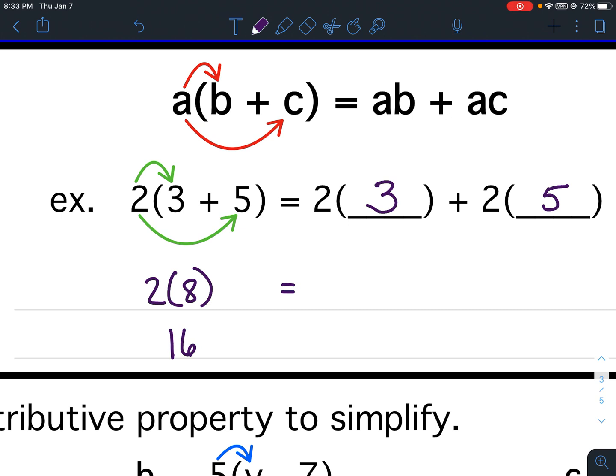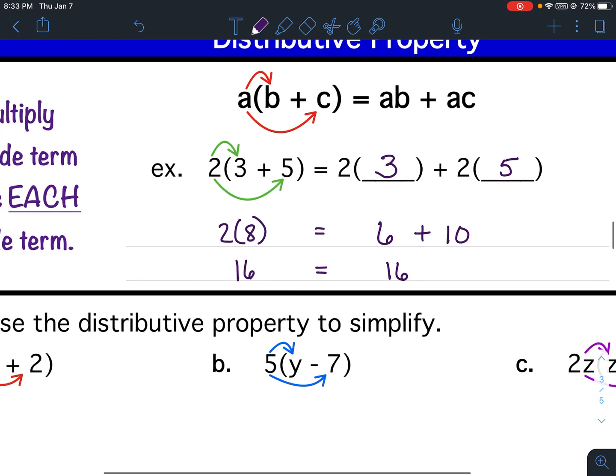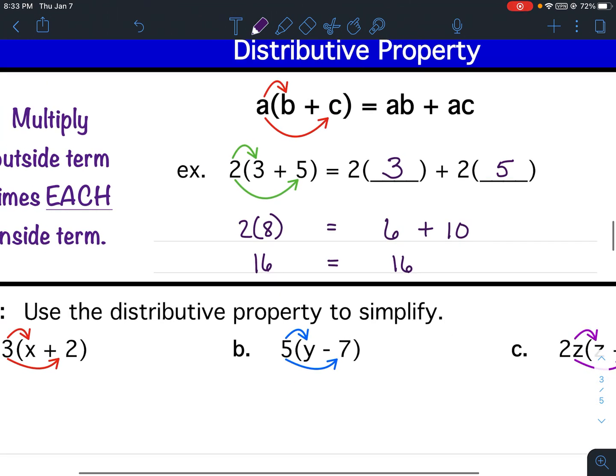So 2 times 3 would give me 6, 2 times 5 is 10, and 6 plus 10 is 16. Notice how we get the same thing. So again, this is just a review. We've done the distributive property before. You should know what to do.